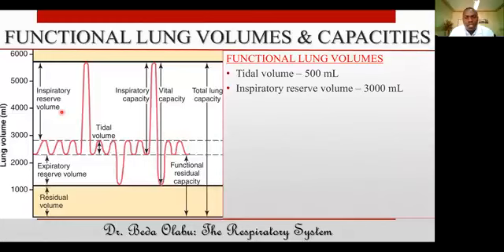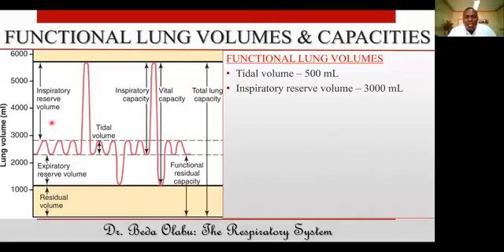Now, the volume of air that you've breathed in after normal breathing in, that extra volume of air that your lungs are able to take in over and above the normal tidal volume is what we're calling the inspiratory reserve volume.